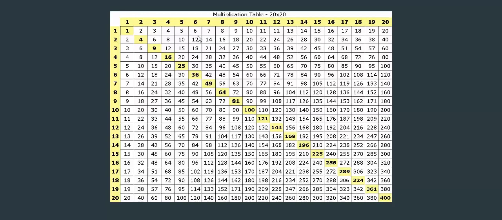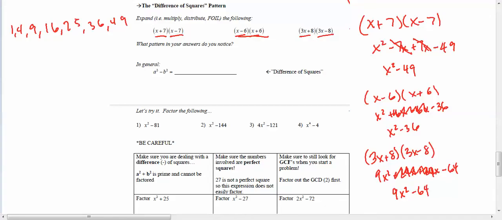Like 6 times 6 gives you 36. 7 times 7 gives you 49. The next one would be 8 times 8 would be 64. So I need to add to this list 64. What's the next number I need to add to that? 81. Come on, you gotta know at least these multiplication tables. All right, here's what I want you to do. I want you to look at this list and at least be able to tell me, hey, that's a special number.